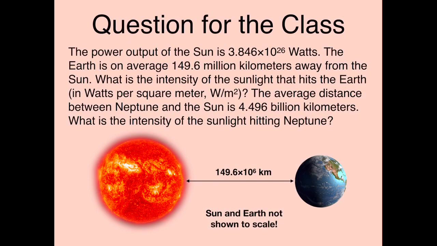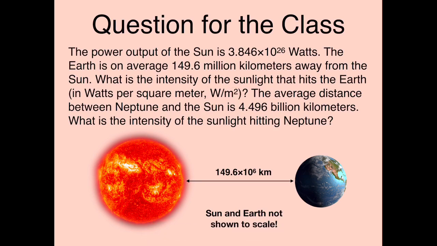Okay, so here's another example. The power output of the sun is 3.846 times 10 to the 26 watts. The Earth is on average 149.6 million kilometers away from the sun. What is the intensity of the sunlight that hits the Earth? And we're going to measure this in watts per square meter.